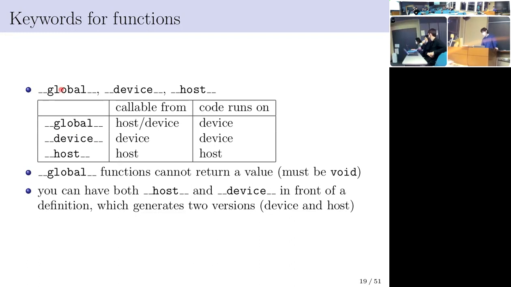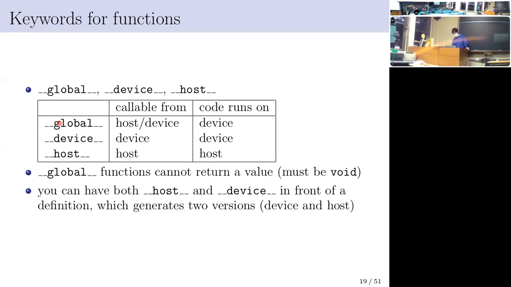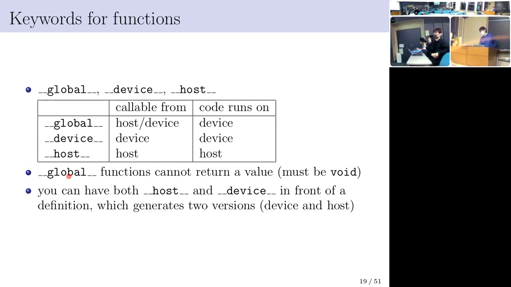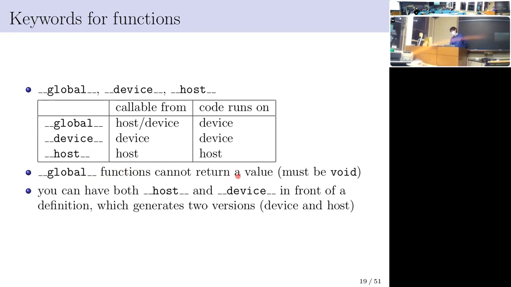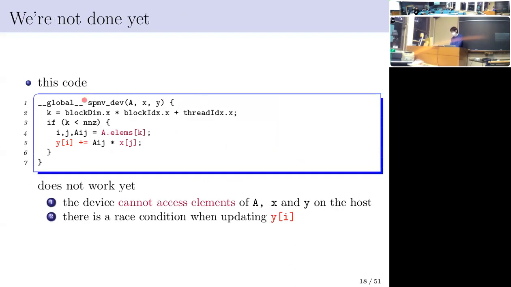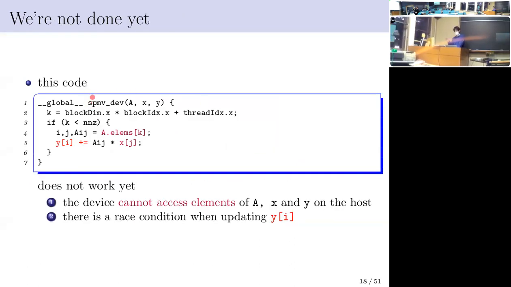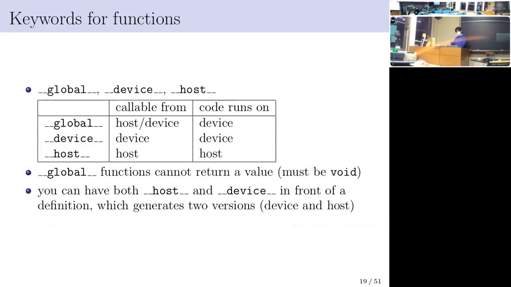So this is a keyword you have to attach to a function you want to call from the host, from the CPU, to the GPU. Another restriction is that a global function cannot return a value. It must be a void function. I forgot to say void here, but it has to be a void function. This is sort of annoying and inconvenient.